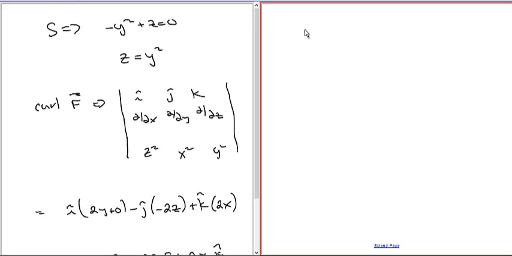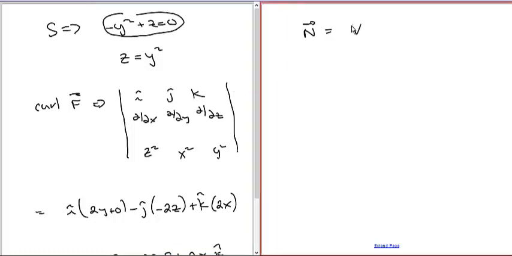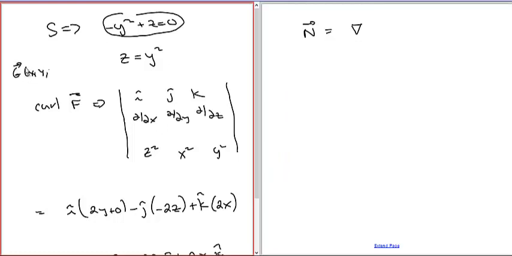Now the unit normal vector, let's pause for a second because I've got to go back and look. What we do is we go to this equation here for the surface, and we take the gradient. We'll call this capital G. G of x, y, and z is going to be equal to, actually, G is not a vector, so it's going to be equal to negative y squared plus z.